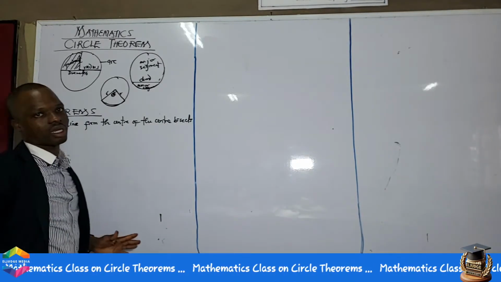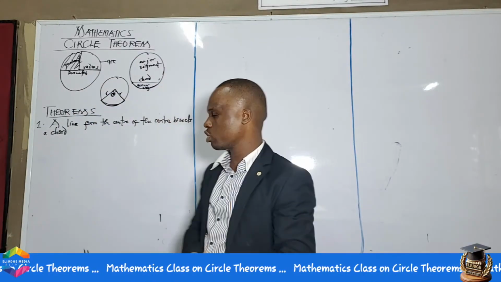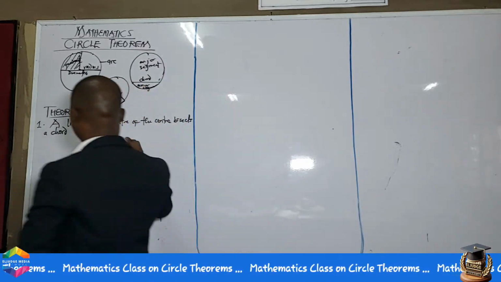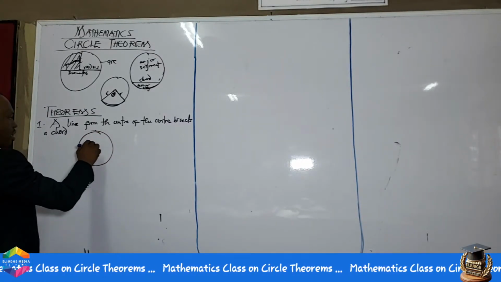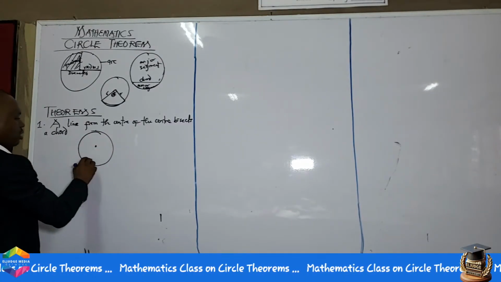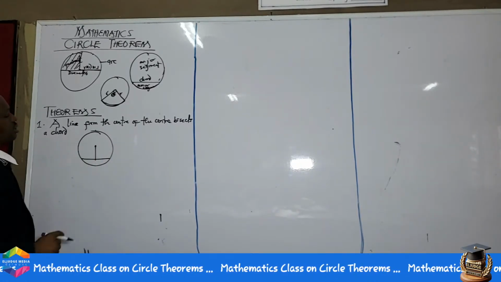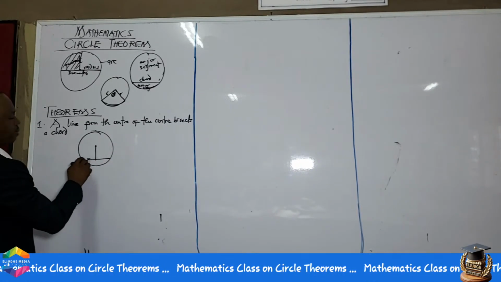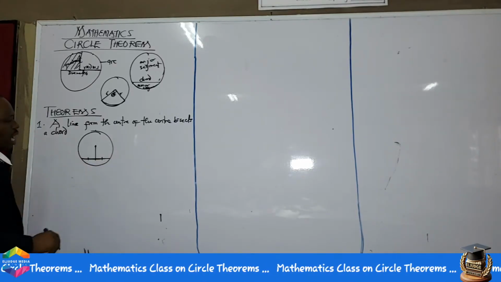When we talk about bisect, it means it cuts the chord into two equal parts. If I draw this diagram, a line from the center of this circle meets this chord and divides it into two equal halves.